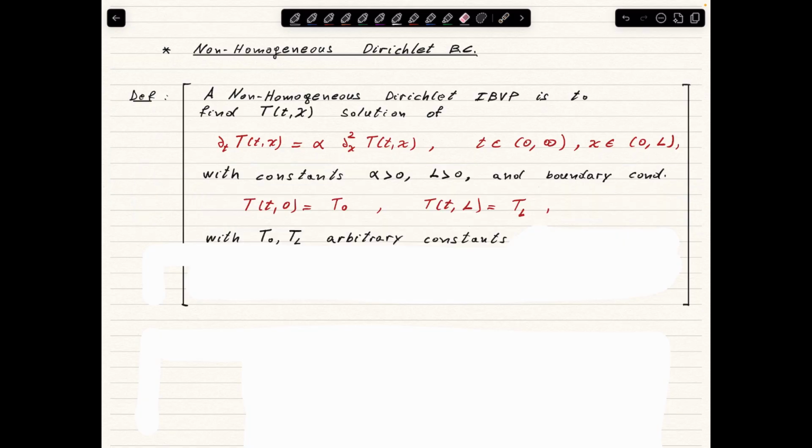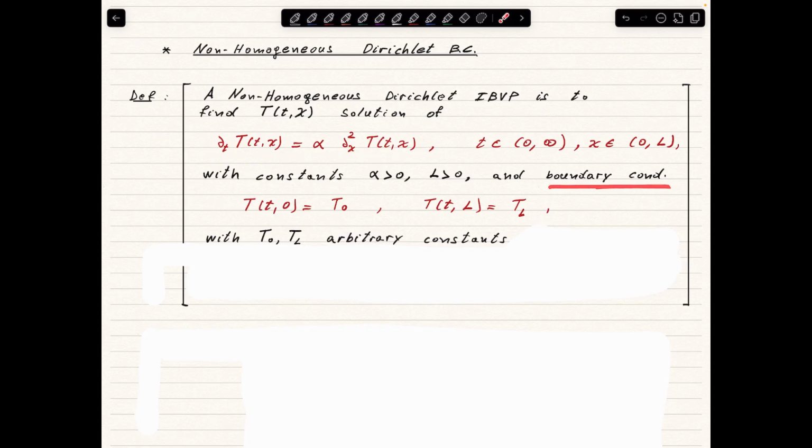For the heat equation we need a constant alpha, which is positive, the thermal diffusivity of the material, and we solve the heat equation in the usual domain, t between 0 and infinity, and the variable x in (0, L), the size of the material, where L is positive.